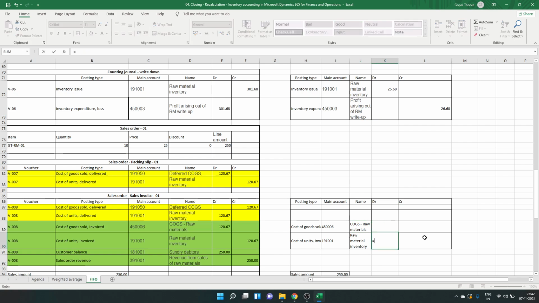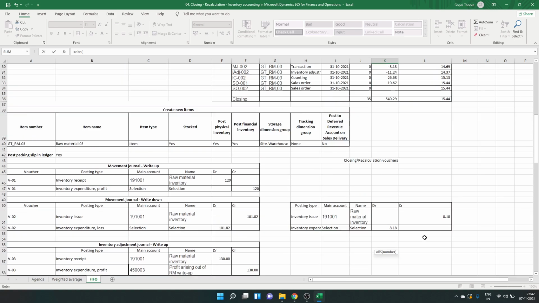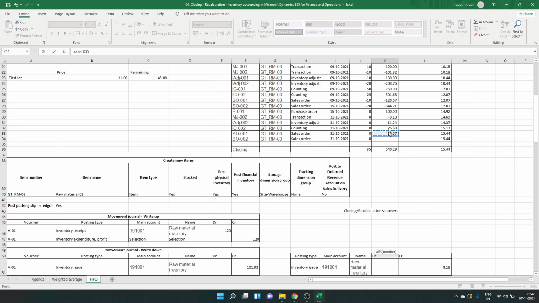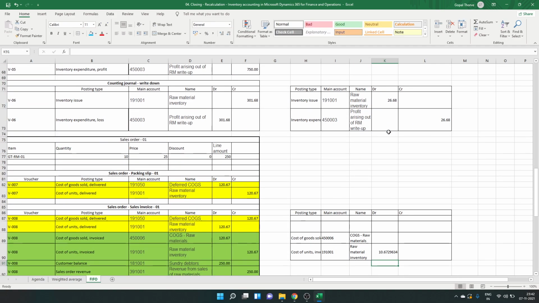So inventory is getting debited back, and the cost of goods sold is decreased by 10.67.